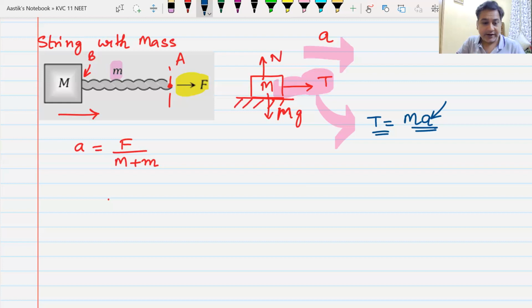Now, let me give you a question on this. As you can see here, there is a block of 5 kg and it is having a rope or string of mass 5 kg attached to it.